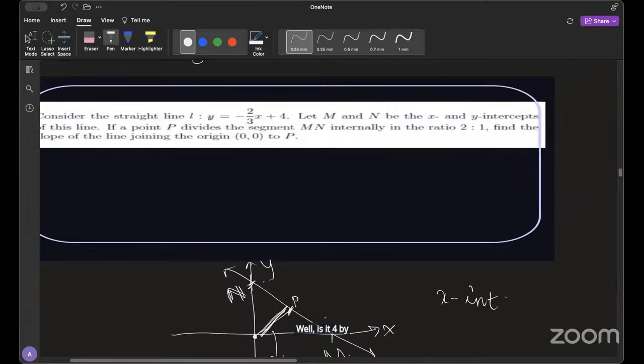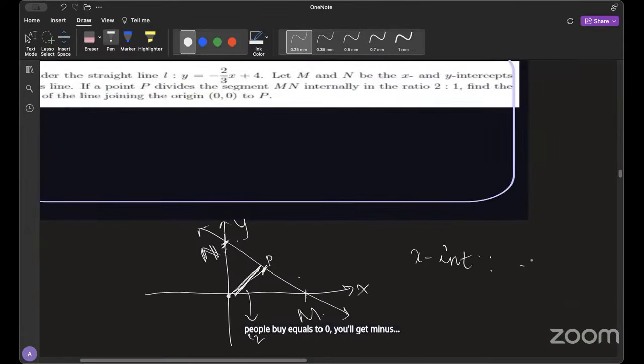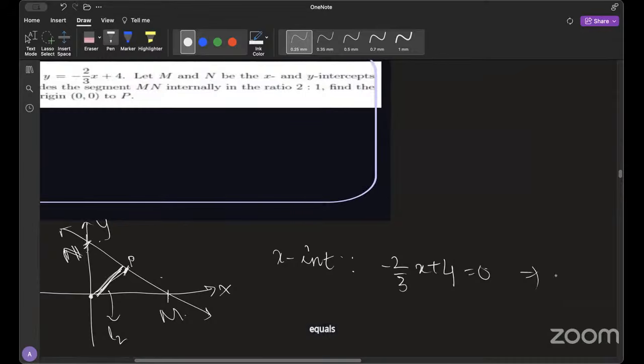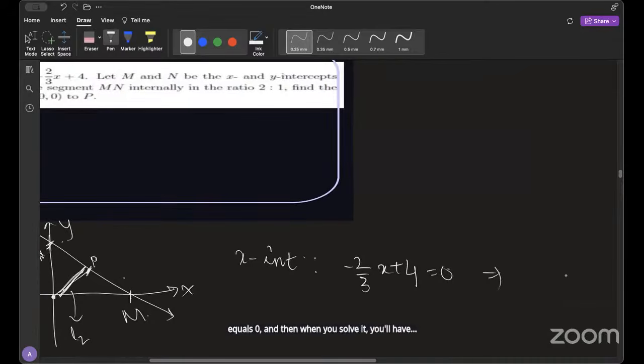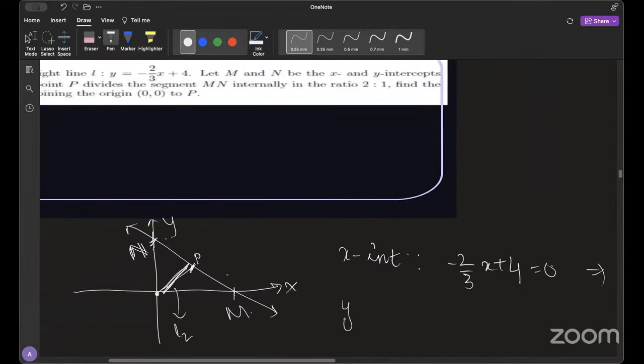If you put y equals 0, you will get minus 2 by 3 x plus 4 equals 0. When you solve it, you will have minus 4 on this side and then 3 by minus 2, so x-intercept should be 6.